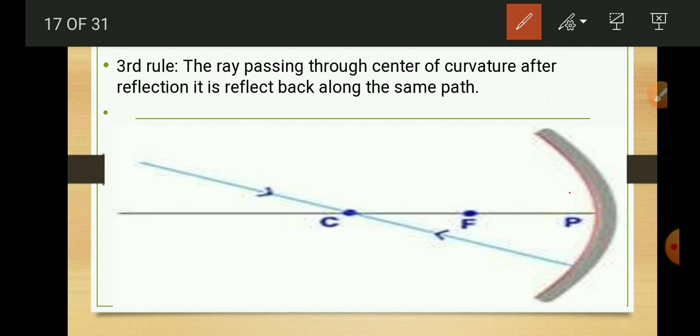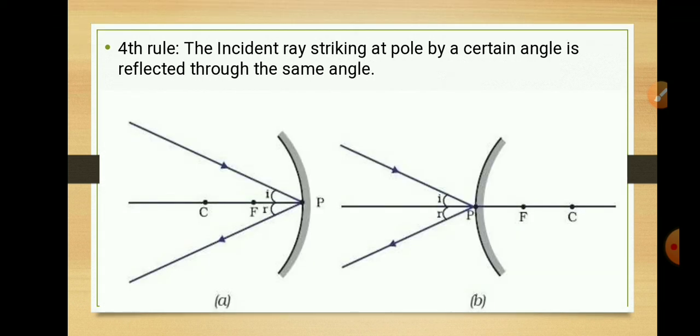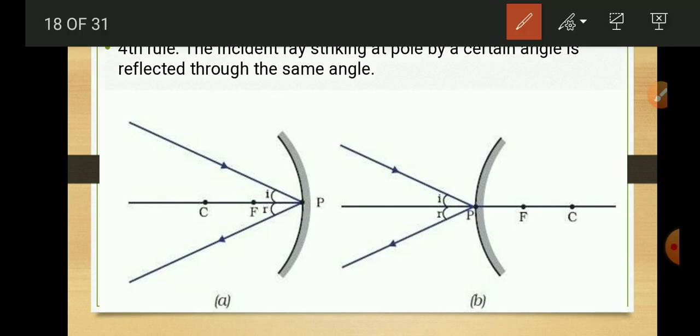The next rule is: when the incident ray strikes the pole at a certain angle, it is reflected through the same angle. It means when a ray is incident obliquely to the principal axis towards the pole on a concave mirror or convex mirror, it is reflected obliquely; the incident and reflected rays follow the law of reflection. That is, the angle of incidence is equal to the angle of reflection.